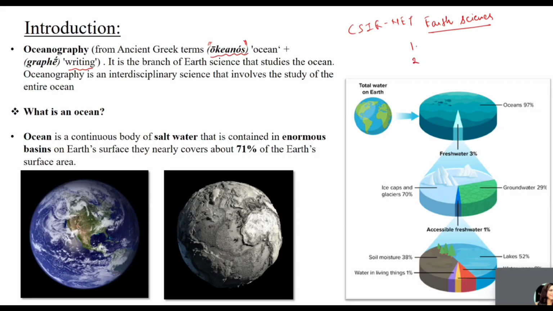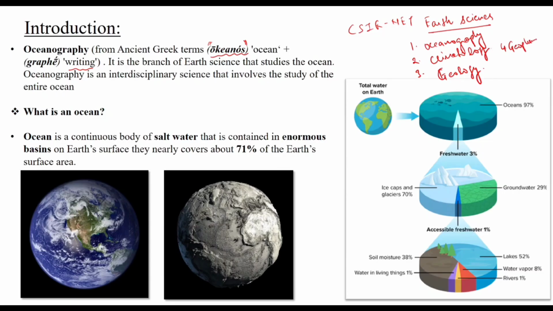So in earth sciences, you study different subjects like oceanography, climatology, geology, geophysics, environmental science.